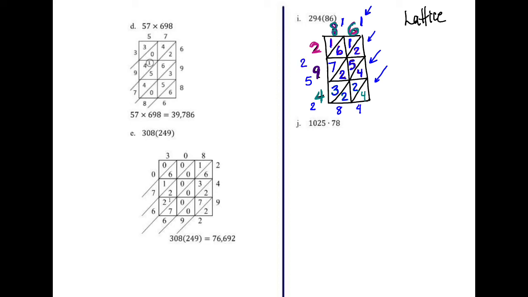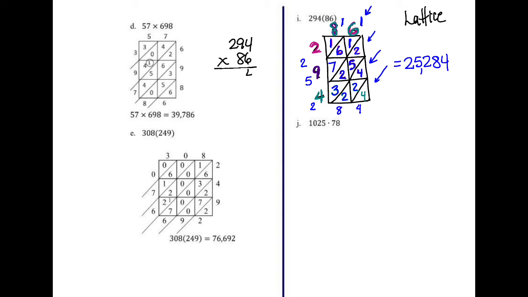And now you write these numbers in order. So the answer is 2, 5, 2, 8, 4. So 25,284.